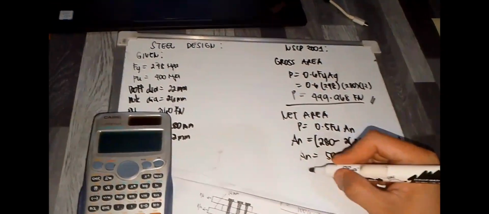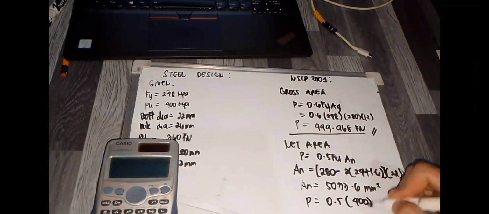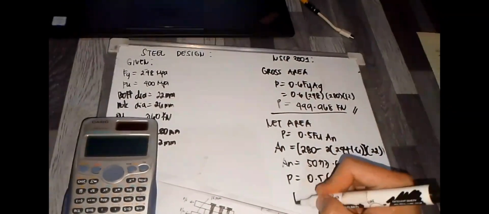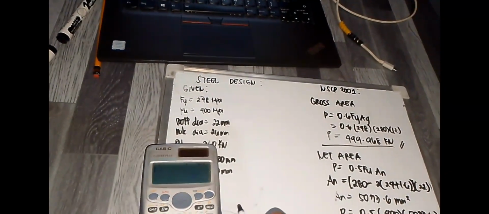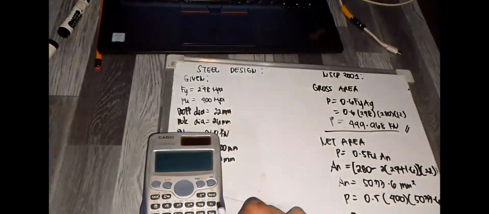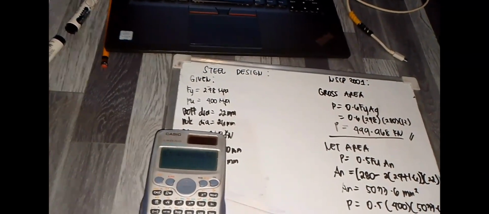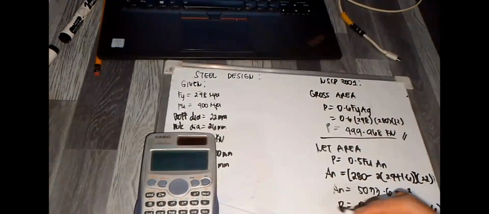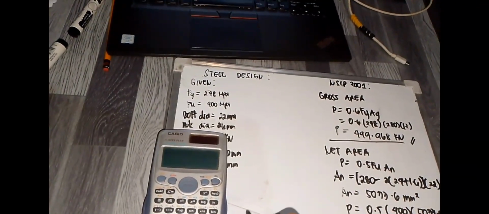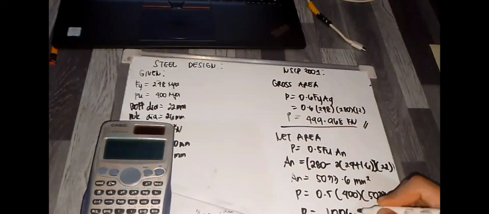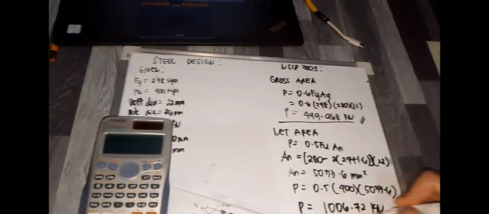Substitute: P is equal to 0.5 times 400 times 5033.6. So our P in net area is 1006.72 kilonewton.